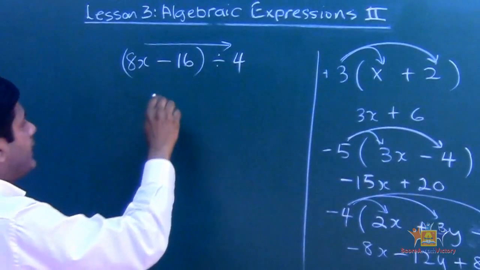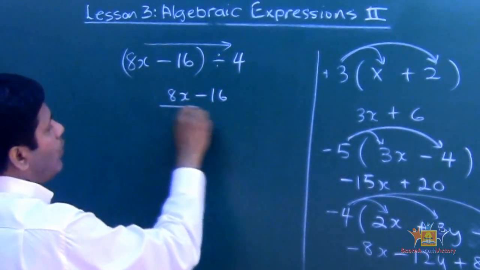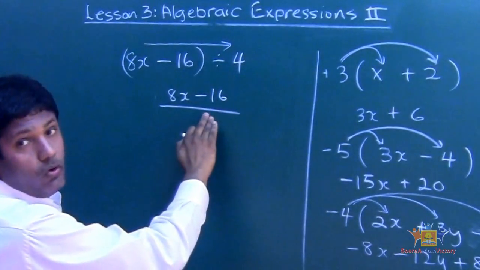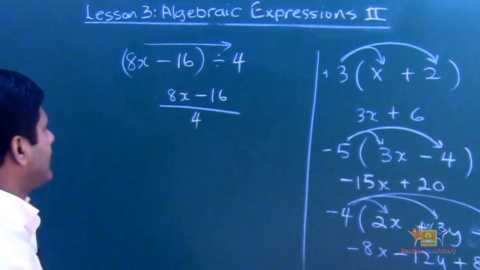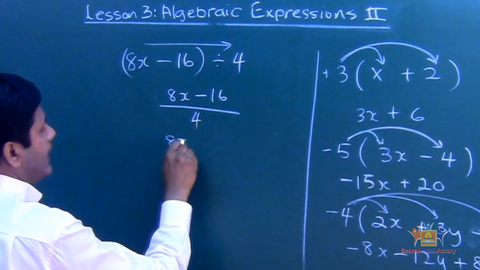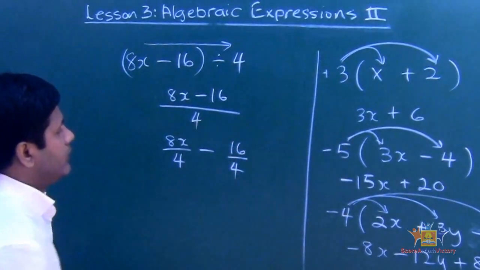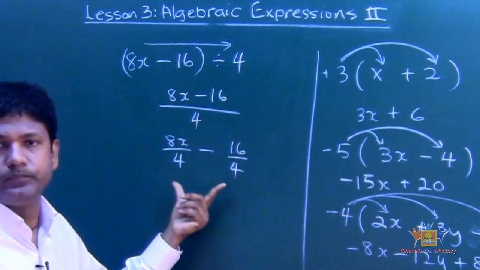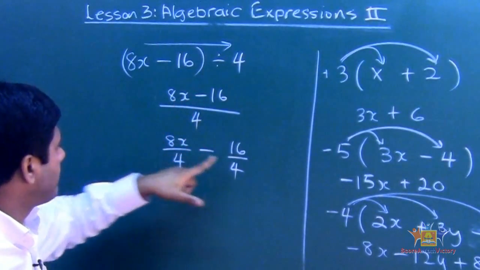This whole bracket, which starts with 8x - 16, over, because division is over, 4. Now I can rewrite this as 8x over 4 minus 16 over 4. See that? I broke them apart. You can do that as long as it's adding or subtracting. You can break them apart like this.